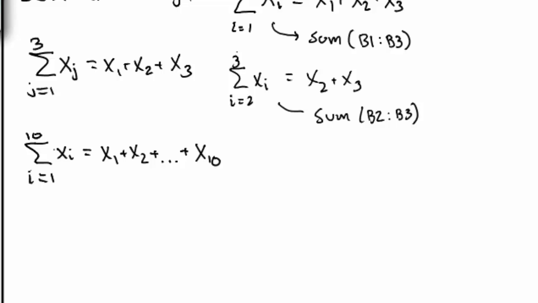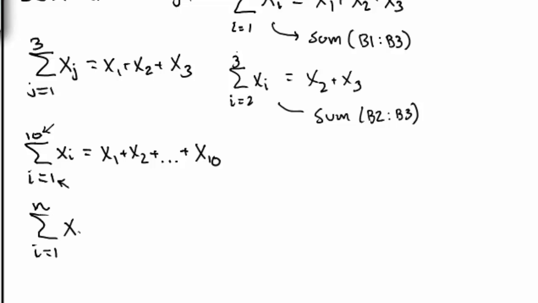You can also use variables in place of the numbers that you see here in the summation sign. So it's perfectly okay to write, for example, the summation i goes from 1 to n of xi, where n is a variable and it must be an integer.